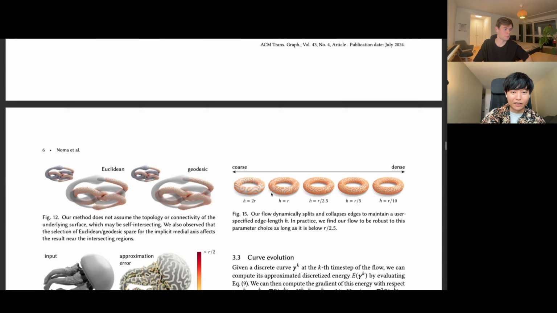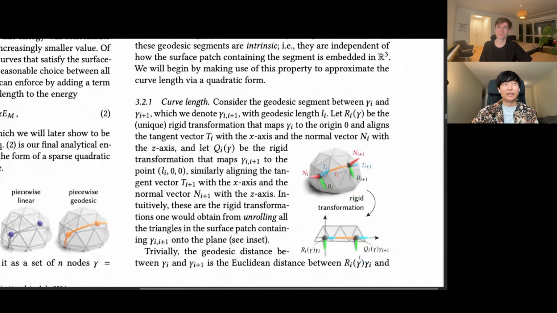Since we adopted this piecewise geodesic representation, it's impossible to evaluate the first or even the second order derivative based on the geodesic length by just considering the Euclidean distance.